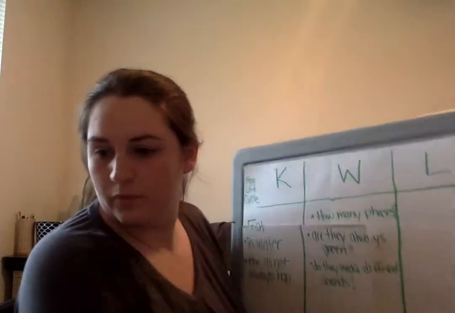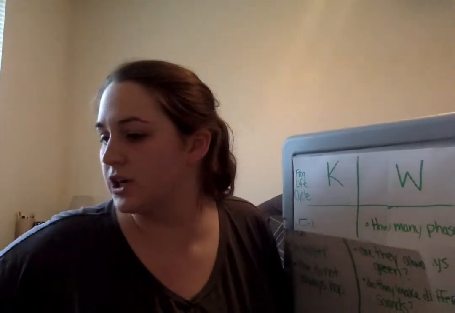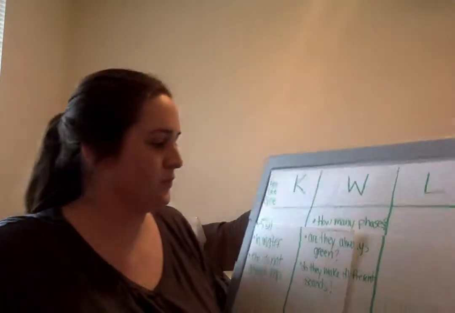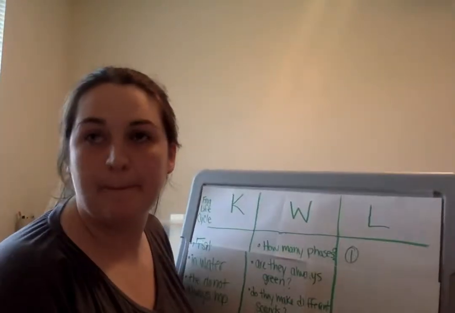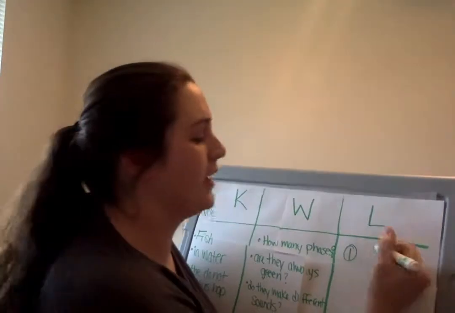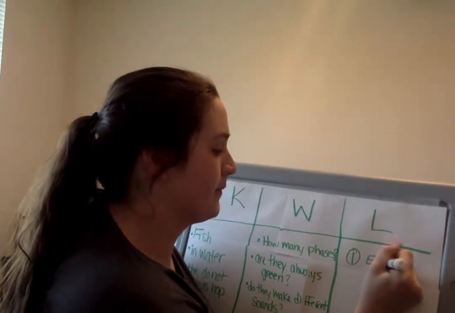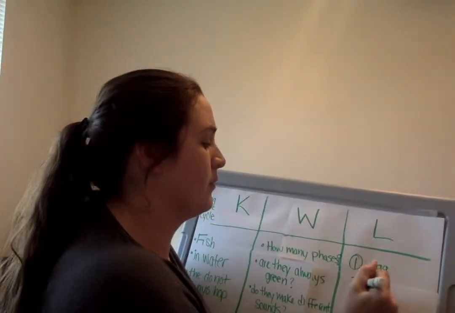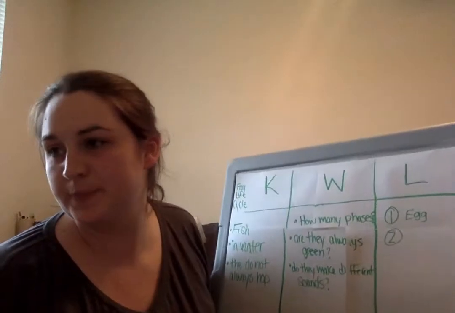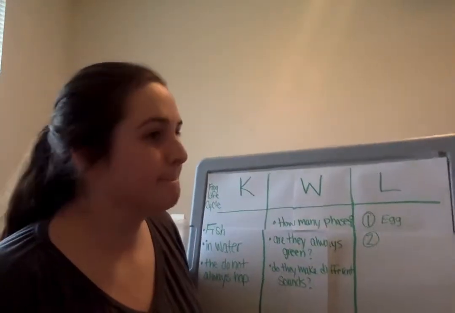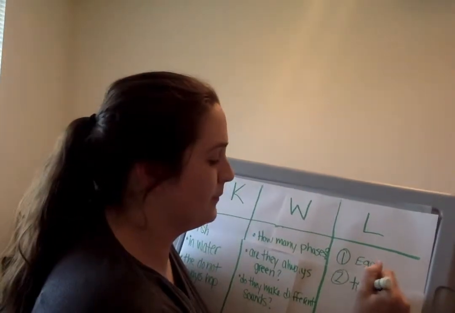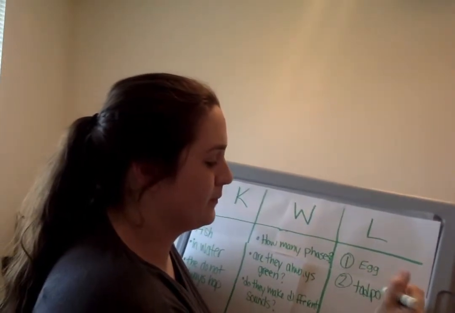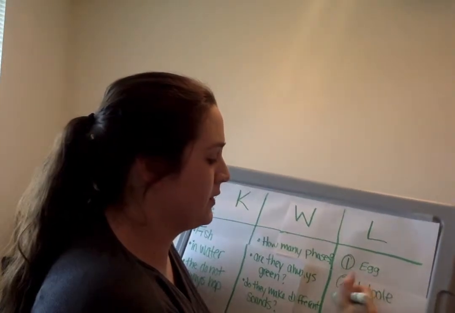So, let's put it on our chart. What was the first phase? Egg. What was our second phase? Tadpole. Number 3.